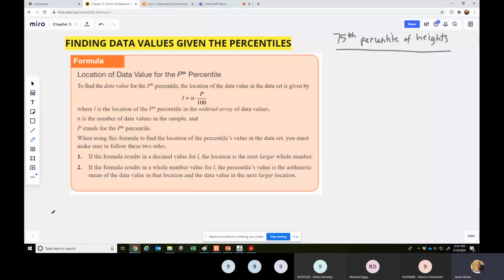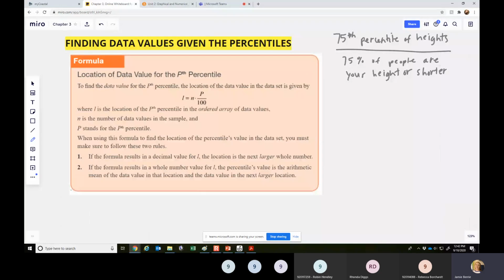So let's say you score in the 75th percentile of heights. That means that 75% of people are your height or shorter. So basically, you're taller than 75% of people if you scored in the 75th percentile.